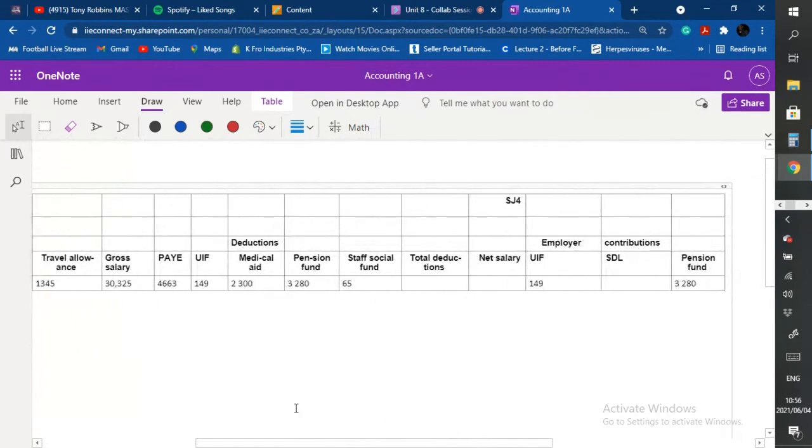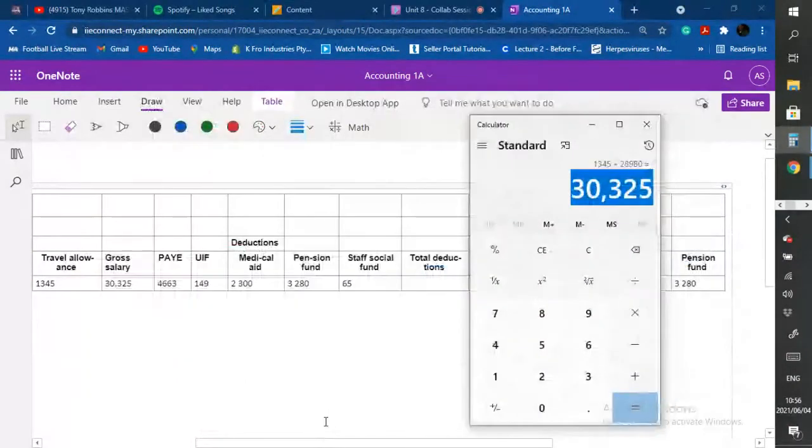Let's pull out our calculator. We have your PAYE 4,663, plus our UIF of 149, plus our medical aid, which is 2,300, plus our staff social fund 65.